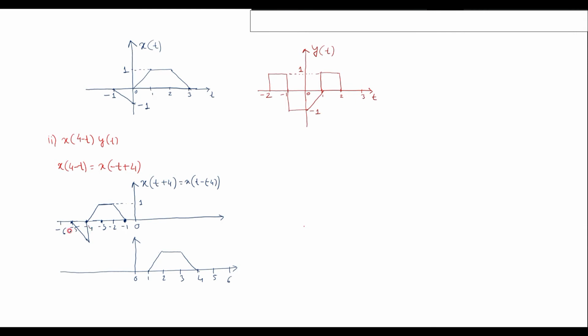And this minus 4 to minus 5, we have ramp like signal which appears here. So this is x of 4 minus t signal.